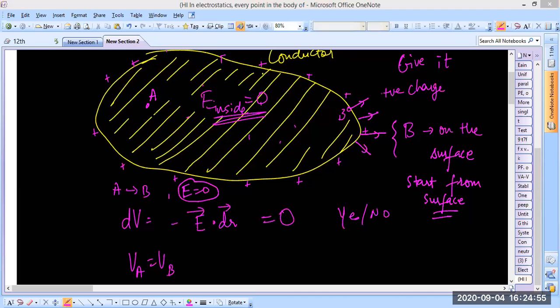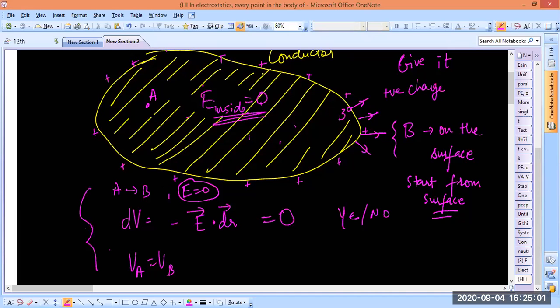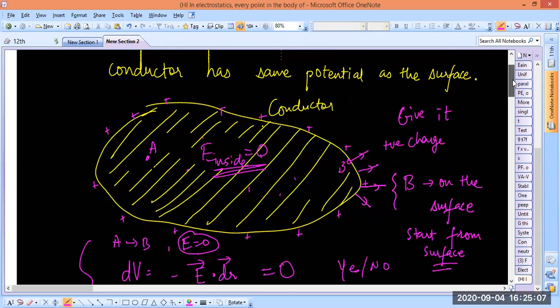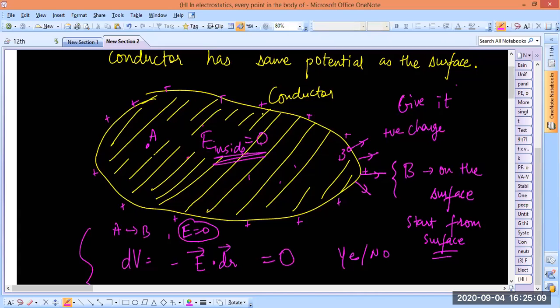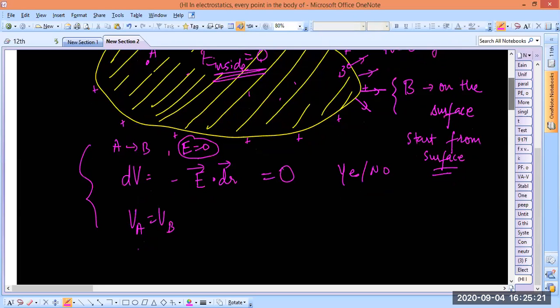I am not saying VB is 0, Purvendra. Have I written anywhere that VB is equal to 0? Where did I mention that VB is 0? Okay, VB is not 0. So still VA is equal to VB.